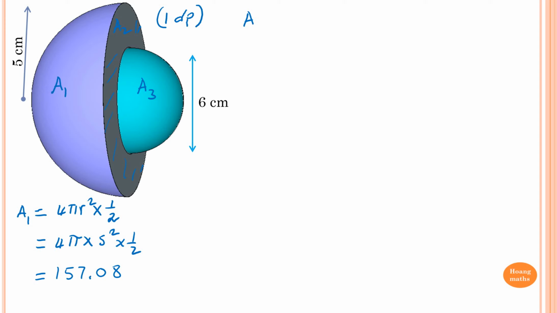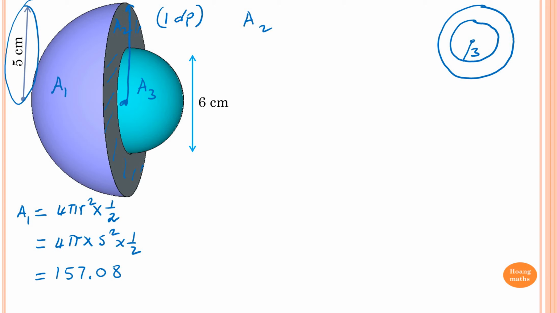Now A2 is this shaded region here. If you think about it, A2 is 2 circles. The smaller circle here is from here to here, which is 3 centimeters because the diameter is 6. And the larger circle is all the way from here all the way up here, which is 5 centimeters.